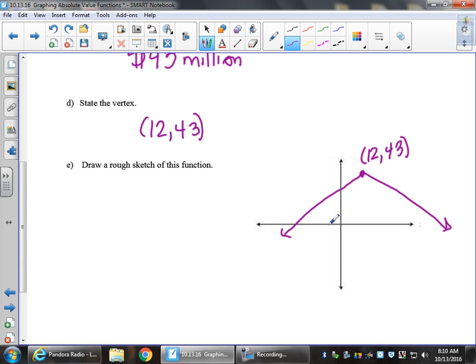What label could I put on the x-axis? Number of weeks. And what's on the y-axis? That's it.